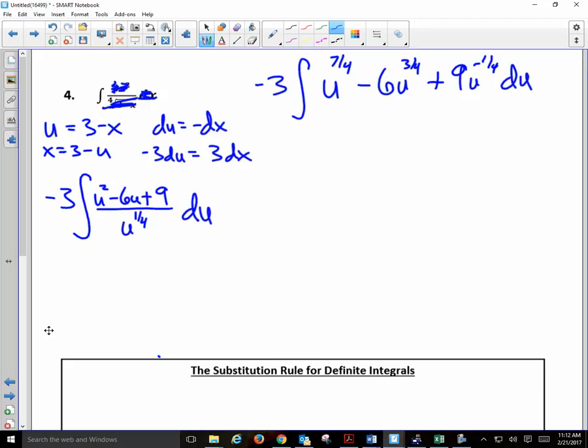Now we just have to do some basic arithmetic, right? So let's take the antiderivative. We will add 1.